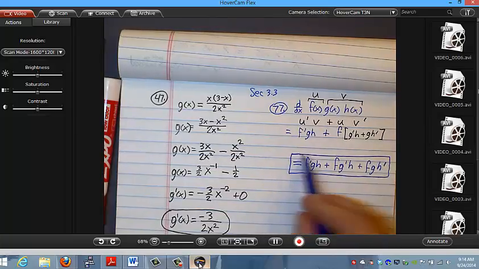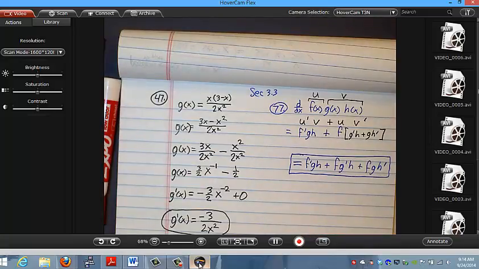And once you understand that, that's really kind of cool. Because now, if I want to find the derivative of a product, I understand how to do it. I take the derivative of each one of the factors separately and just put it with the other functions not taking the derivative. And then I'll add all those pieces together.